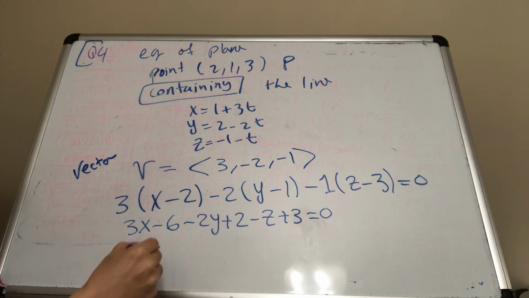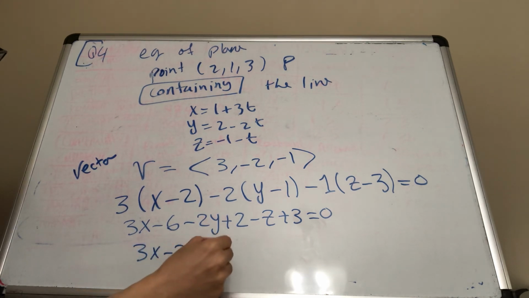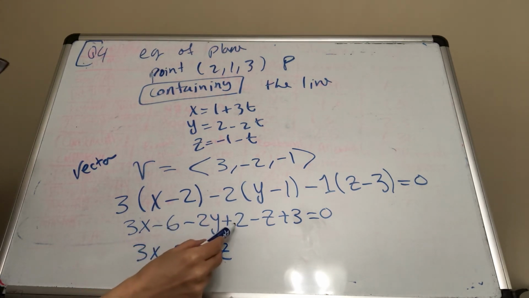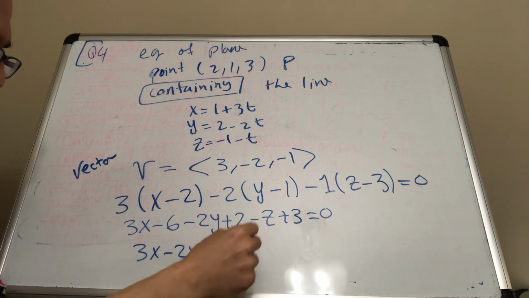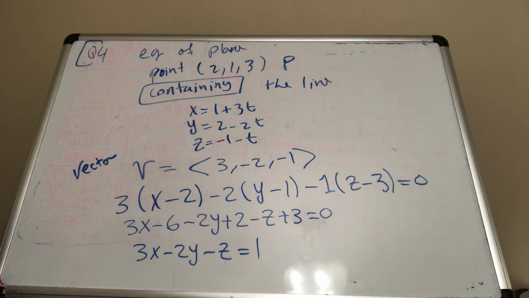So 3x, 2y, negative z. The number negative 6 plus 2 is minus 4. Minus 4 plus 3 is minus 1. You bring it over, it's 1. So this is the plane, again, containing, I didn't like it so much. So the point containing the line going through, you have to do it this way.